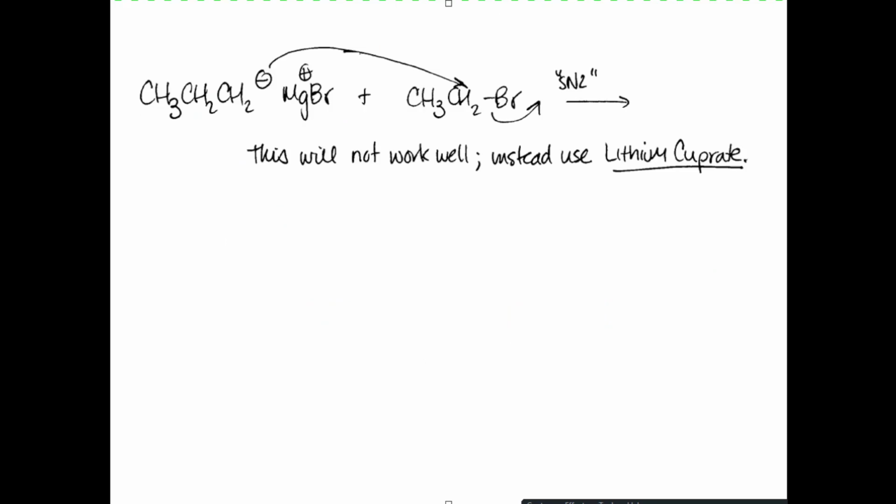So if you wanted to take a Grignard and add an ethyl group to it by using Wurtz coupling, that wouldn't work very well. So let me give you a foreshadowing into some of the organometallic reagents that we're going to talk about in an upcoming series of lectures.